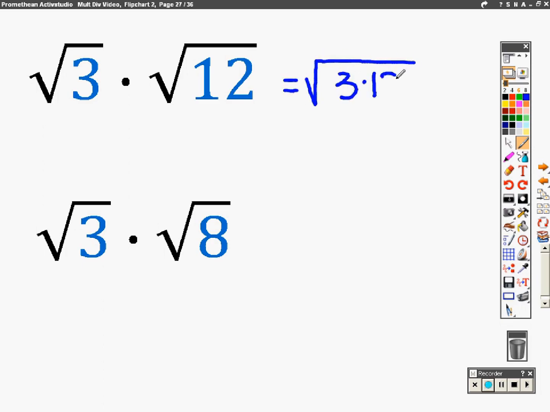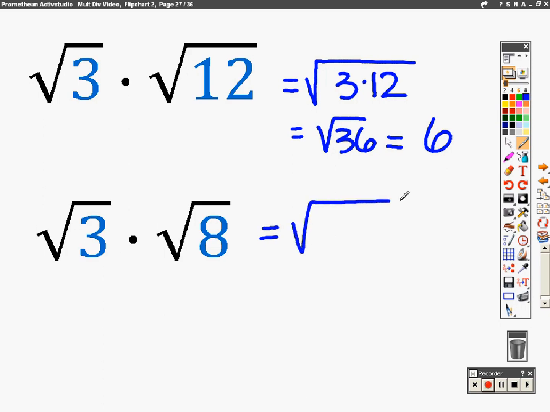So this is equivalent to saying radical 3 times 12 or radical 36, which cleans up nicely to its perfect square factor of 6. What about radical 3 times radical 8, or square root of 3 times the square root of 8, whichever you prefer? You guessed it.